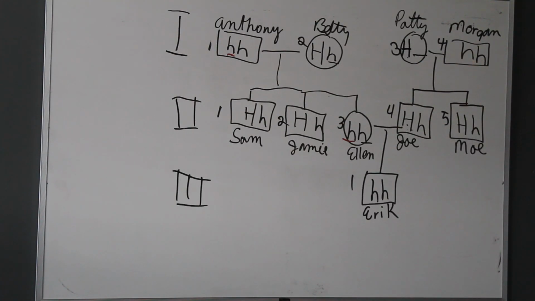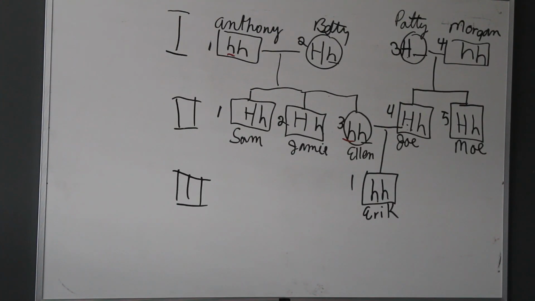So the question does ask us, are there any individuals that you are not sure of the genotype? Well, Patty, other than knowing that she has one healthy allele, we don't know what the other one is for sure.